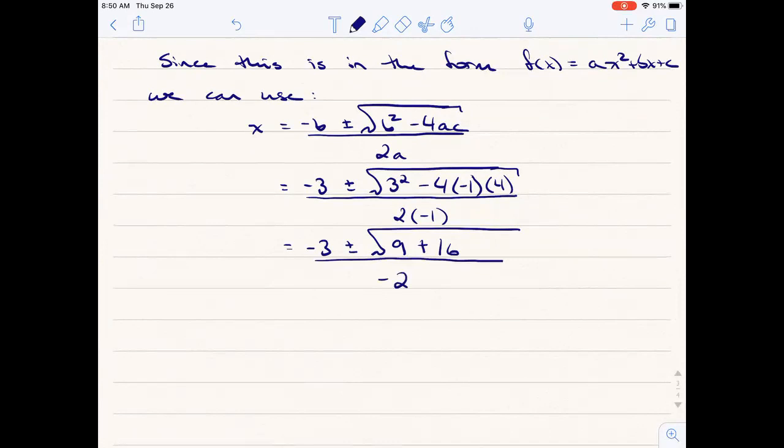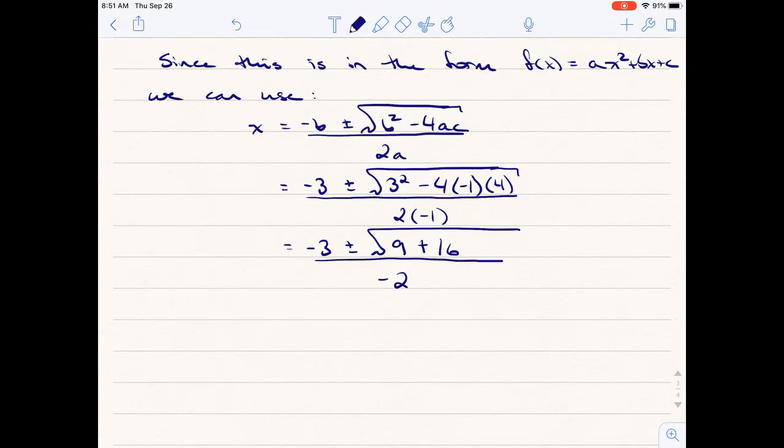One thing you want to keep in mind: we talked about in terms of the domain, or legal math, we cannot take the square root of a negative number. So if you find that this subtracted from this yields a negative number, you've probably put in the wrong values here. You want to make sure that you're always taking the square root of a positive number, 0 or positive.